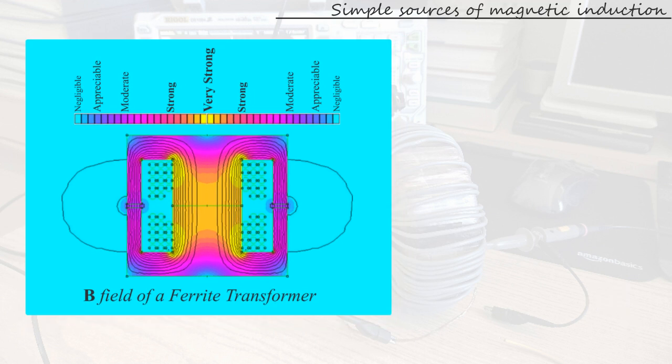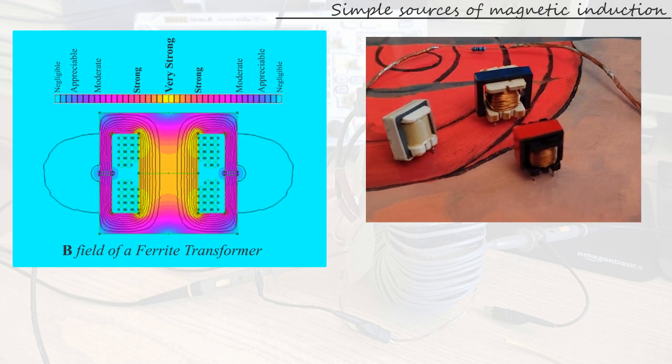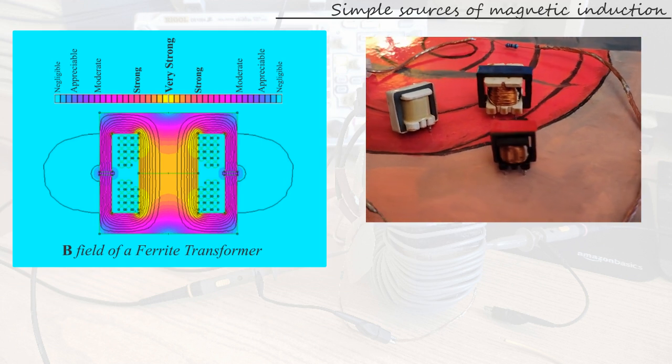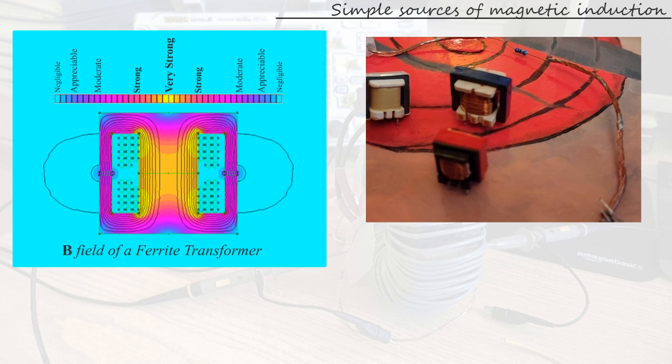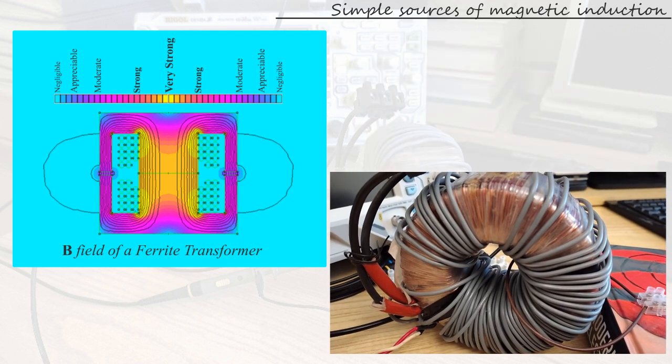When the components are well designed, flux leaks are kept to a minimum, and the regions where we can still perceive a relevant dB/dt field are closer to the devices than you might imagine.